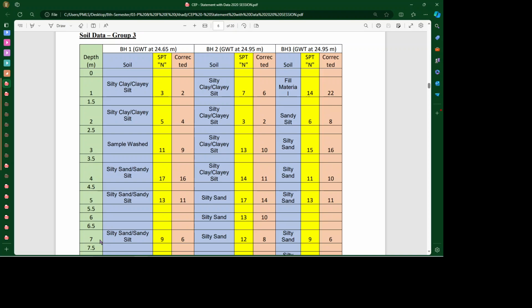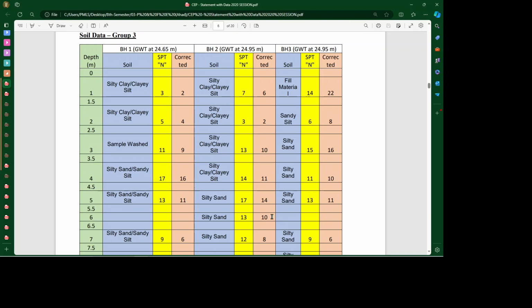H becomes H1, meaning H1 is from the base of the foundation to the soil layer where we are going to find out the settlement. H1 plus the depth of the foundation, which is 2 meters, so the total depth from the ground level becomes 3 meter. At 3 meter we have the silty clay or silty sand. And as we increase H1, 2, 3, 4 up to H7, which was 2B, 4B or 5B, these are the soil layers 1, 2, 3, and 4.